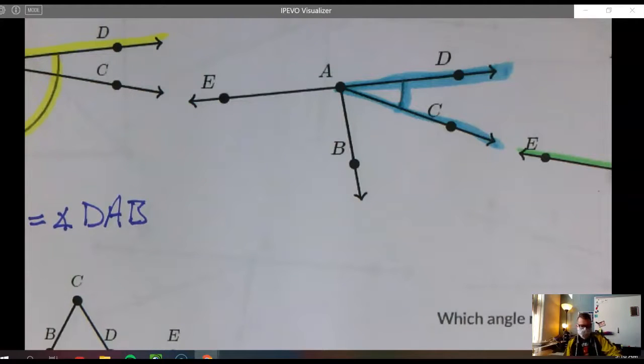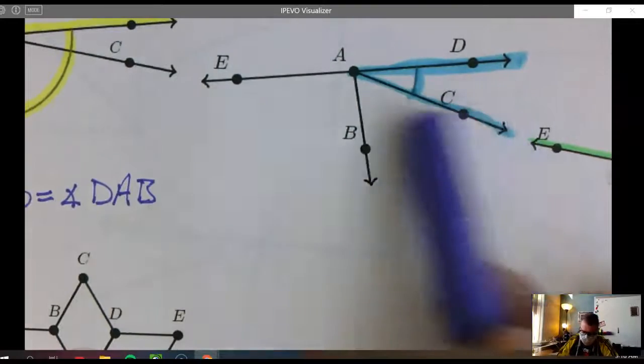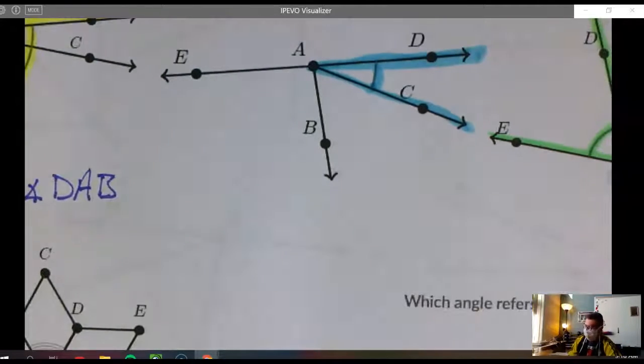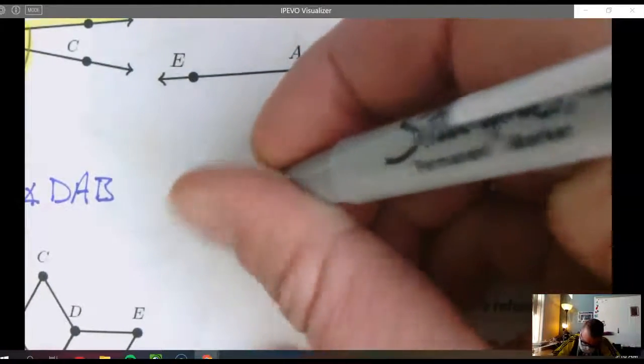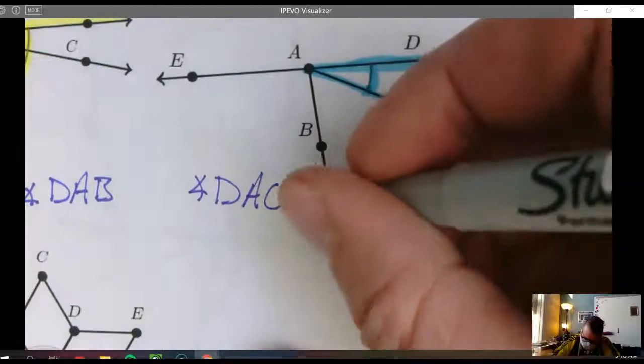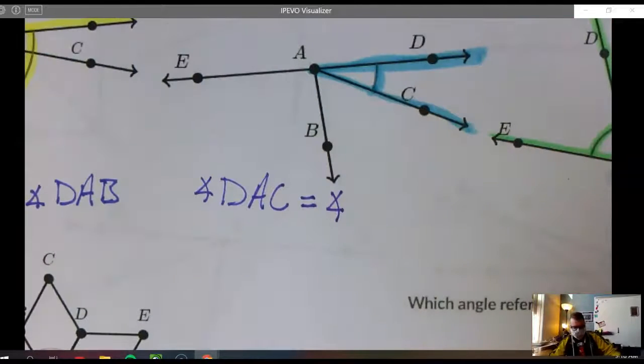Nice. Isaiah, can you go ahead and tell me one way we can name this angle I have highlighted in blue up here? Yeah, so we'll put our angle symbol, and we'll say DAC. What is the other way we could name that angle, Stella?